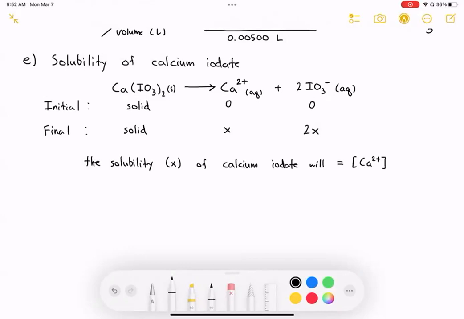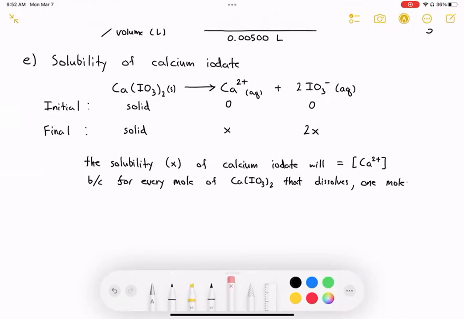And that's because for every mole of calcium iodate that dissolves, one mole of calcium ions is formed.